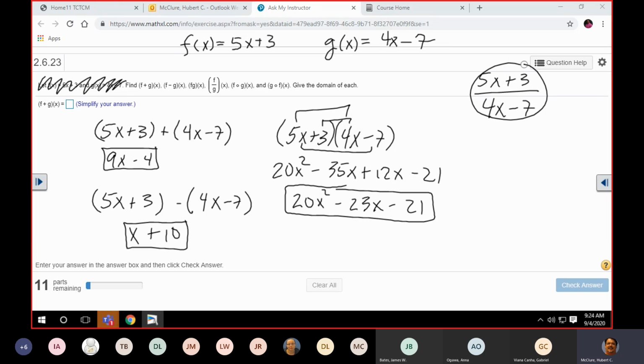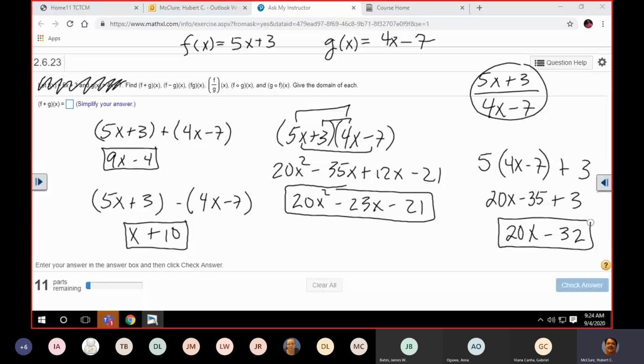That's divided by. F composed g. So that means I'm going to rewrite f with a big set of parentheses and plug in g. So that's going to give us 20x minus 35 plus 3, 20x minus 32.